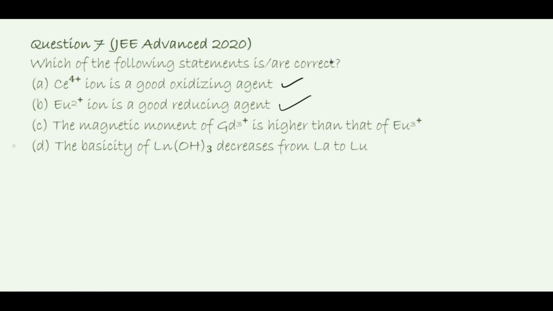By using the values, gadolinium has 7 unpaired electrons, it is a half-filled f orbital, and europium 3+ has 6 unpaired electrons. So which will have more magnetic moment? Of course, gadolinium. So that is also a true statement. Then basicity of lanthanide hydroxide decreases from lanthanum to lutetium. It is because of lanthanide contraction. That is also true. So all 4 options are true.